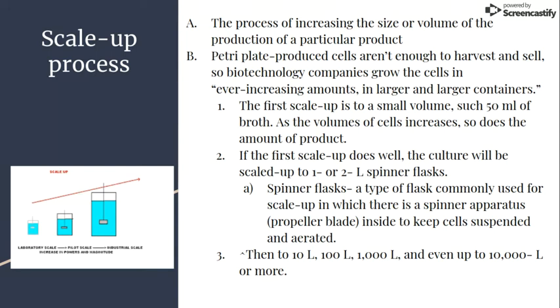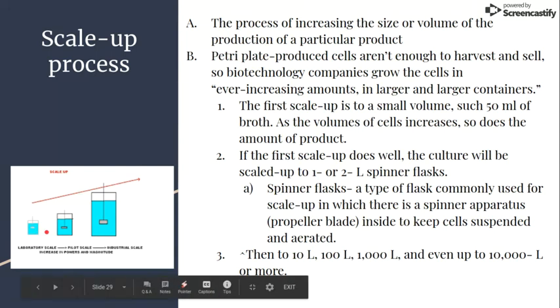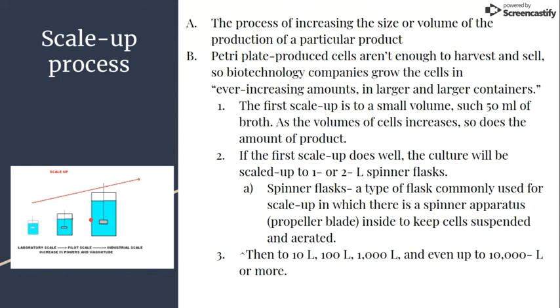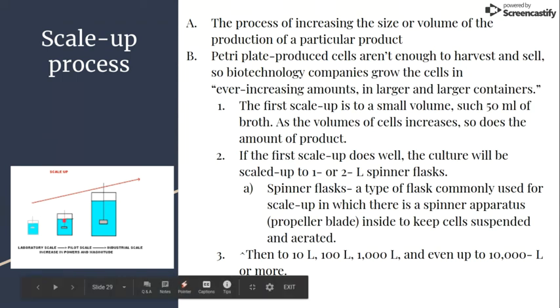As the volume of cells increases, so does the amount of product. If the first scale-up does well, the culture will be scaled up to 1 or 2 liter spinner flasks, which are flasks with a spinner apparatus inside to keep cells suspended and aerated. Then to 10 liters, then to 100 liters, and so on.